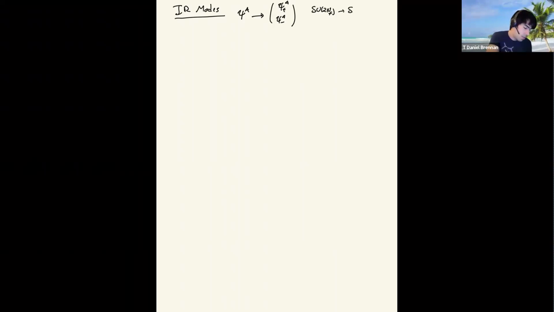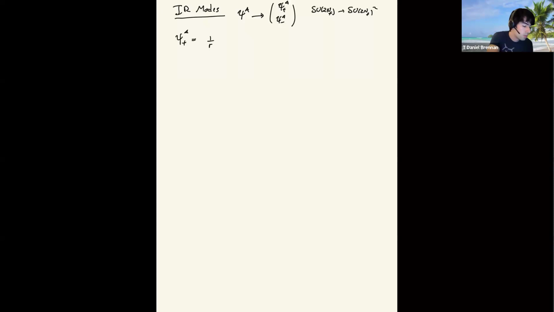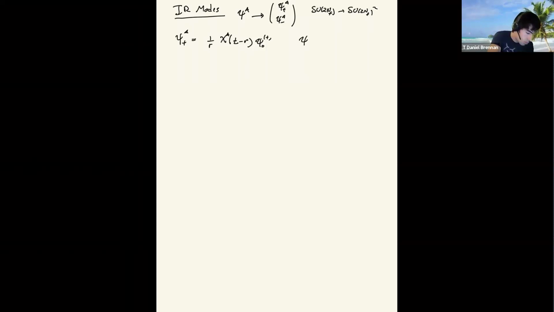The mode expansion explicitly for the j equals 0 sector is given by this simple form. The positive fermions are incoming only, and the negative charged fermions are only outgoing, functions of t plus r and t minus r.